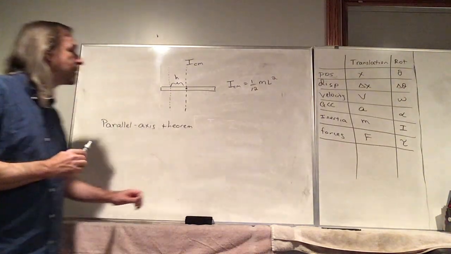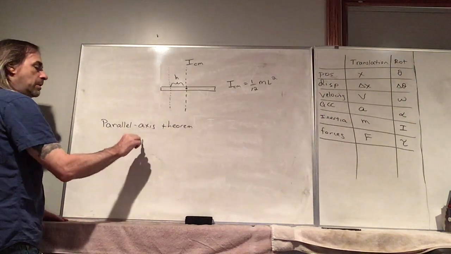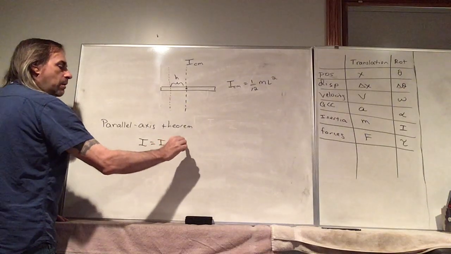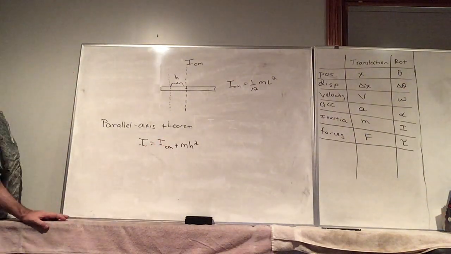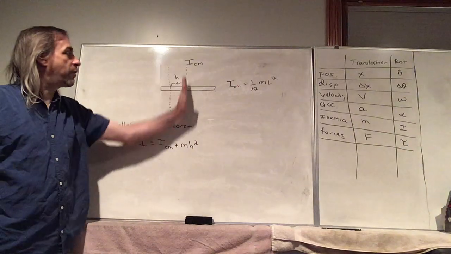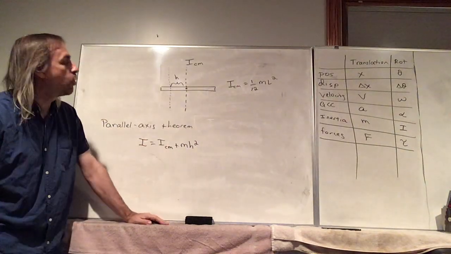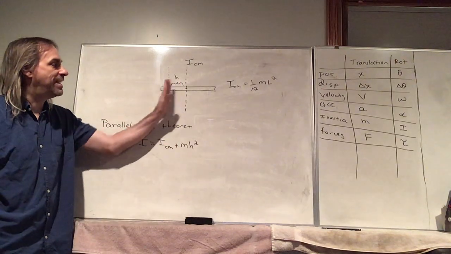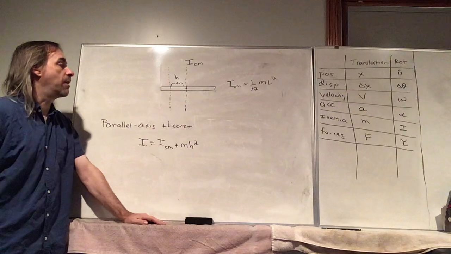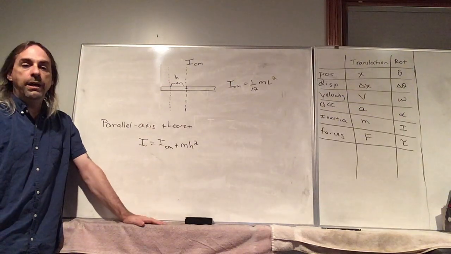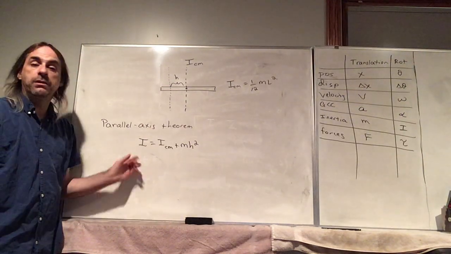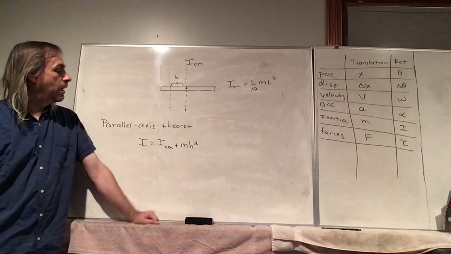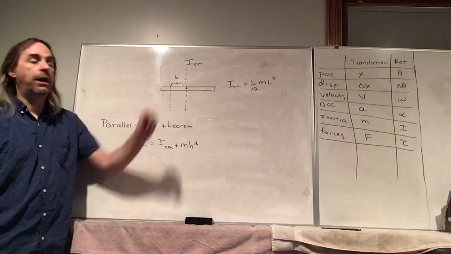So it's called the parallel axis theorem, and the formula is very simple, actually. We take whatever we have from rotating about the center of mass, and we add m h squared, where h is the distance to the new axis of rotation. And yeah, that's it. It's actually a fairly simple equation. And of course, m would be the mass of the entire object.